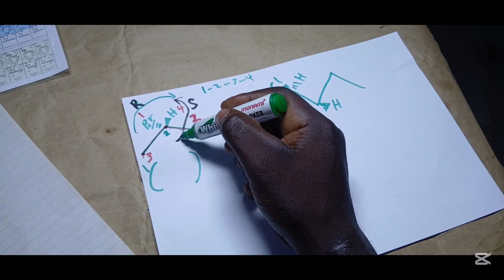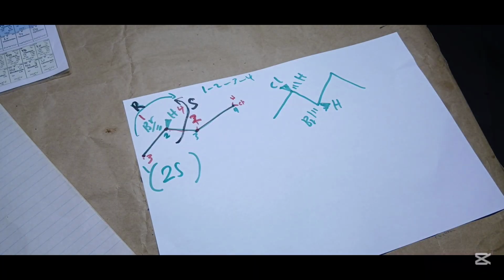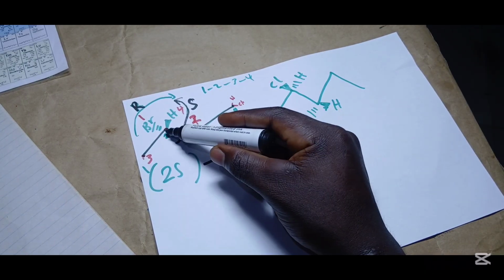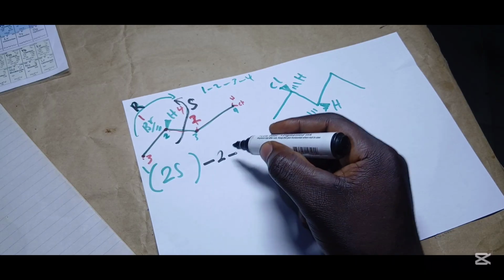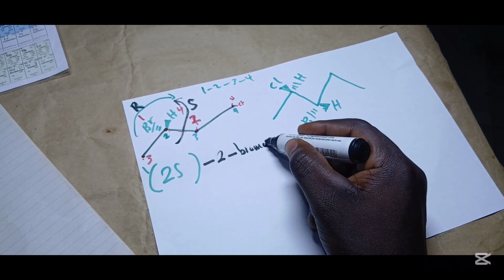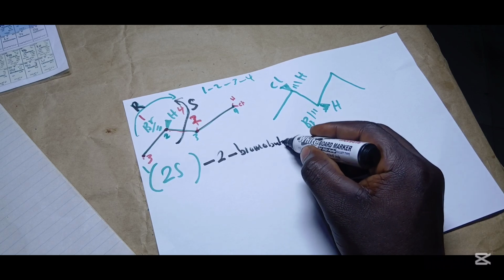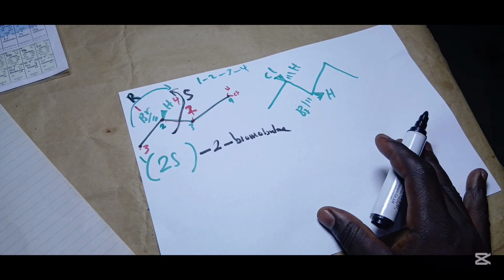So we have, and the configuration is S. So we have 2S, and at carbon number 2, we have bromine there, dash 2 dash bromobutene. That should be the name of this molecule.